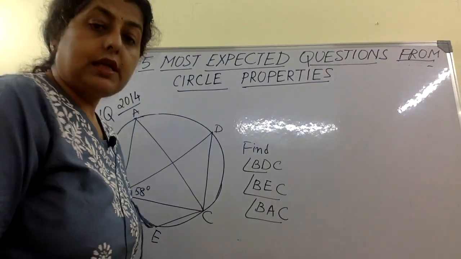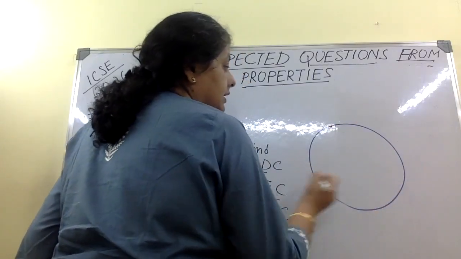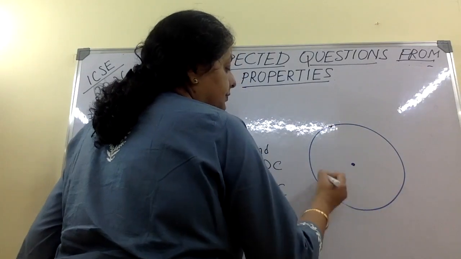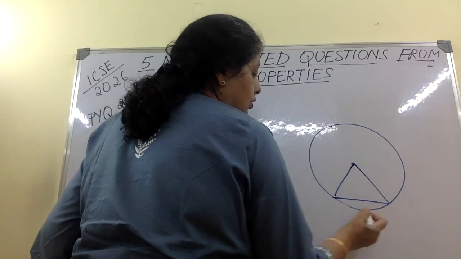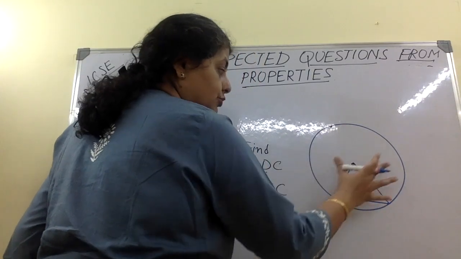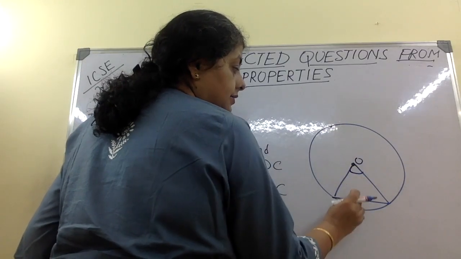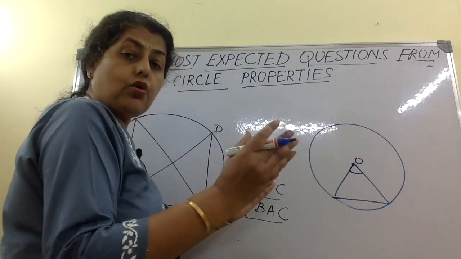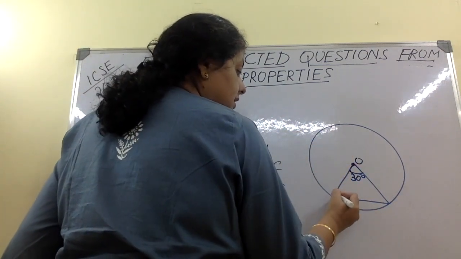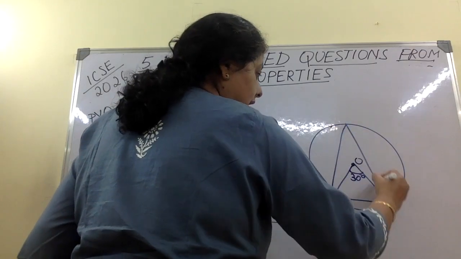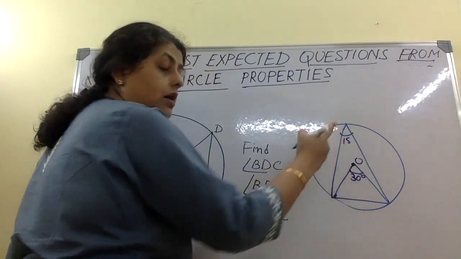Then the next one is, if you have a circle, and this is the center. Supposing this is the chord, this is the minor segment, this portion is the major, and this is the angle subtended at the center. The angle that the chord is holding up at the center, let this be 30 degree. Then the same chord, if it subtends an angle at the circumference, it is 15 degree, that is half of it.